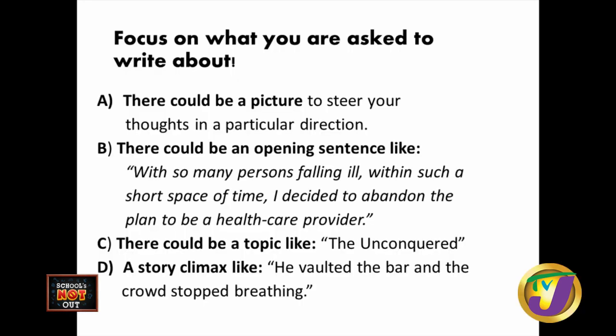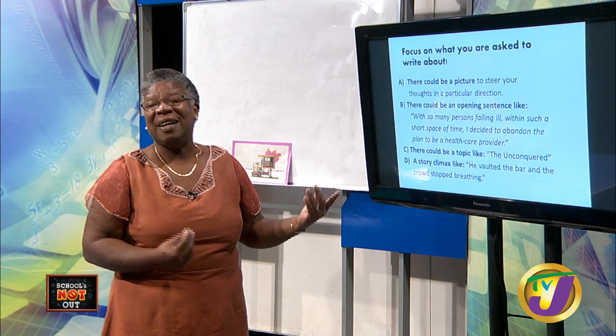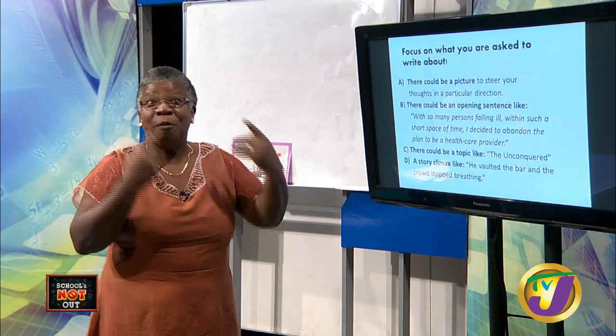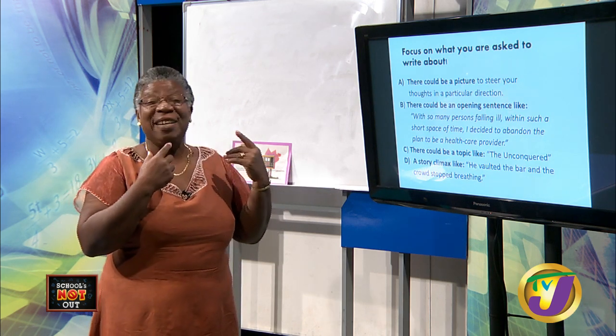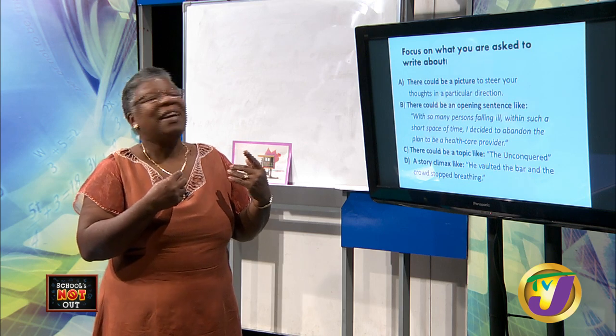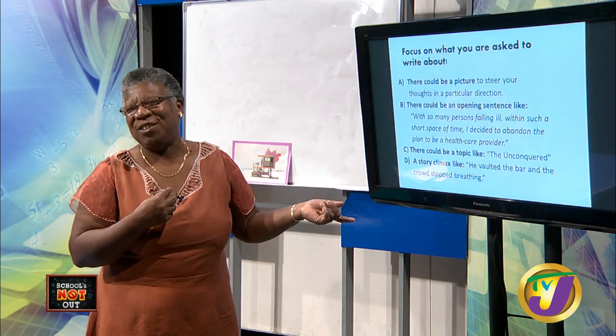It gives you the climax. He vaulted the bar and the crowd stopped breathing. That, for me, if I were personally choosing, I think I'd go for that because it has, for my imagination, the ingredients that make me want to try.